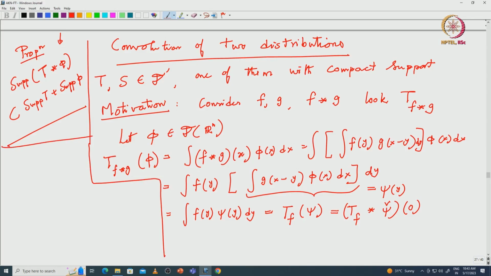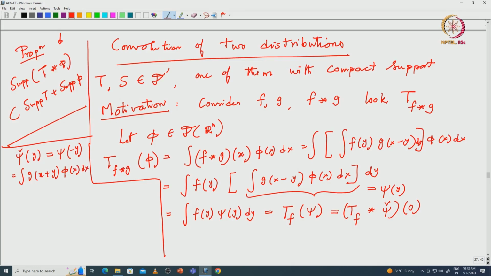Psi is this one. So, I have to understand what is psi tilde. So, psi tilde of y, maybe some steps you probably understand, is equal to psi of minus y, and if I substitute that there, that will be the integral of g of x plus y phi of x dx.